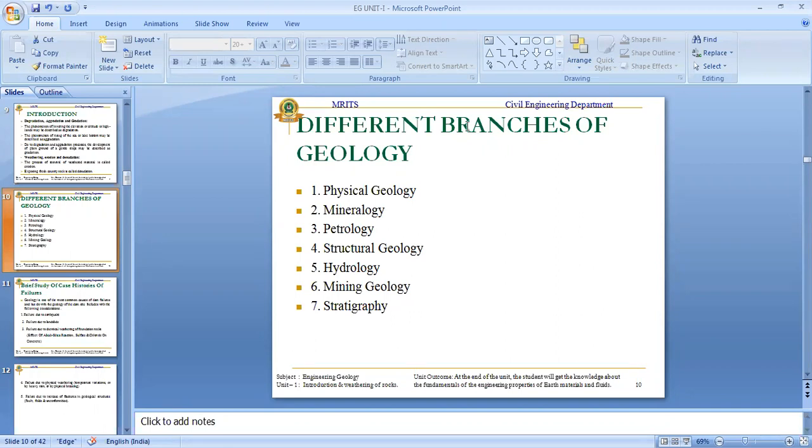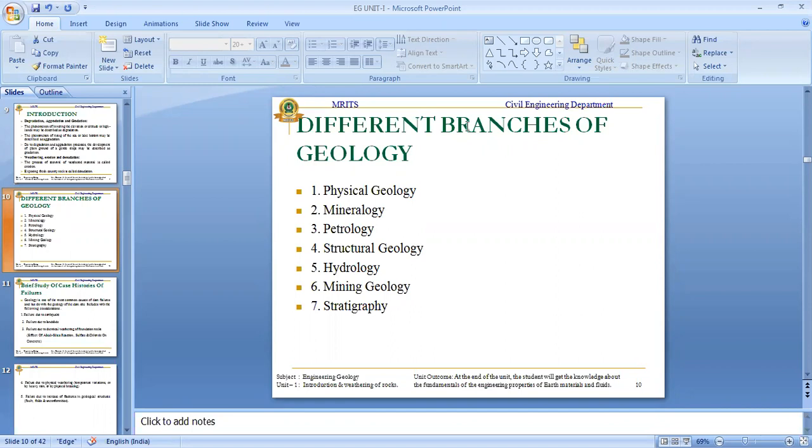Next, structural geology. In structural geology, we are going to study the four types of structures. Those are folds, faults, joints and unconformities. These four structures are nothing but the main features of the earth. In mountains we are going to observe the folds, and in particular earthquake prone zones we'll see the faults.